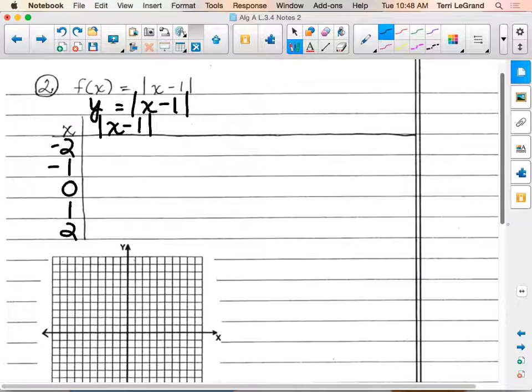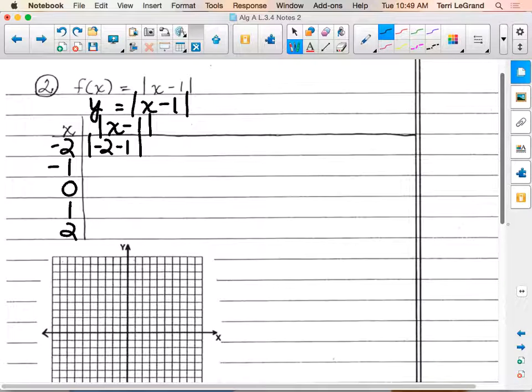Now, some of us are not showing near enough work in our table for these absolute value ones. So you must show what I'm going to do right here, okay? So pay attention. We're going to put a -2 in for our x. The absolute value bars, every part of the function rule is still there. The only thing that got replaced was the x.